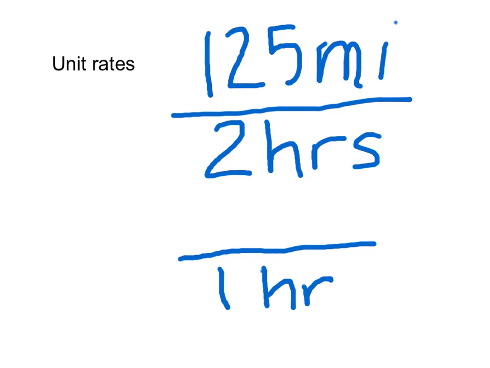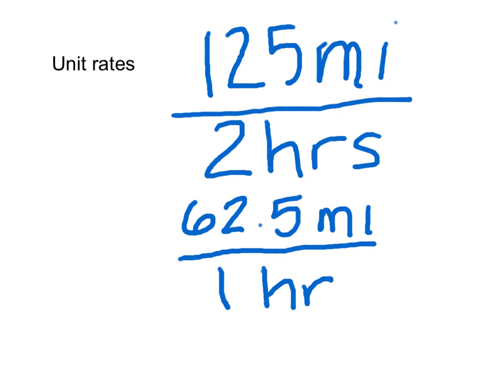And so I did that by dividing by 2. So I need to divide my 125 miles also by 2. And I come up with 62.5 miles per hour. This is the rate of speed of my vehicle.